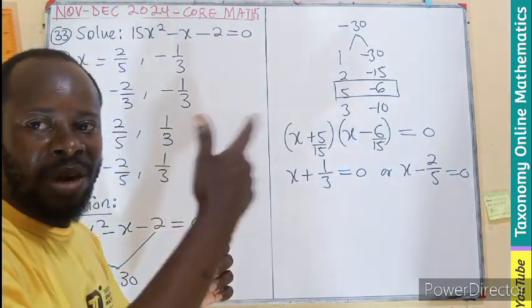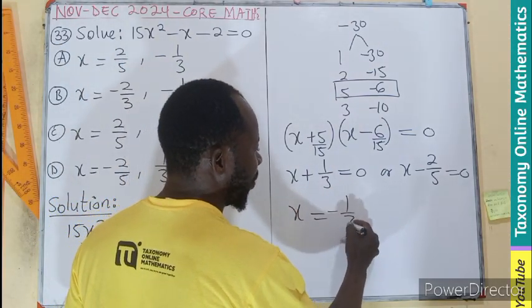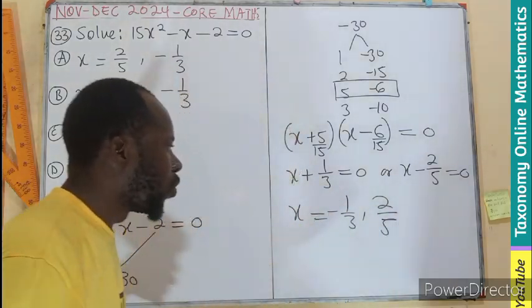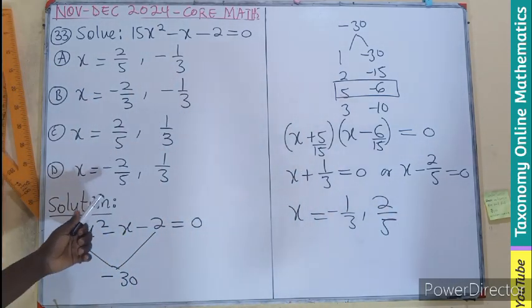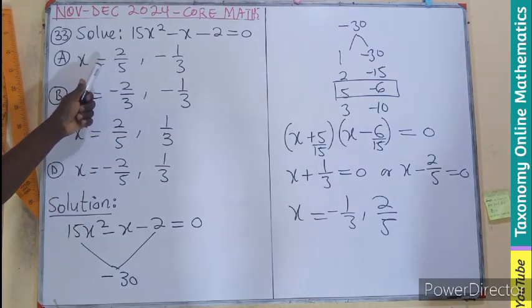What will I do? I transpose to have my x equals negative 1 on 3, or x equals 2 on 5.